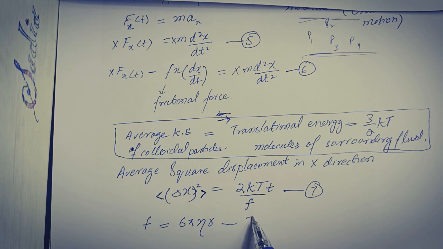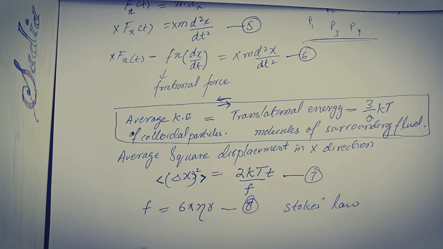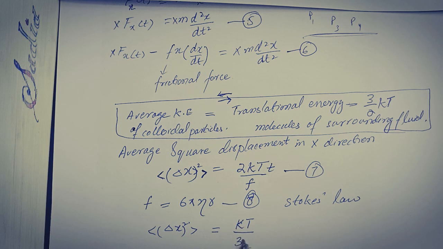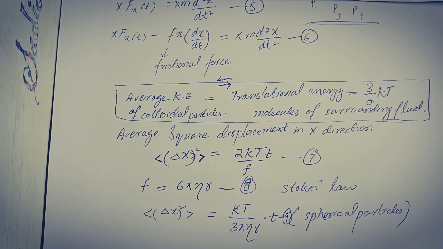So this equation is known as Stokes law, and by comparing equation number 7 and 8, we can write the average square displacement in x direction is actually equal to kT over 3 pi eta r into t, which is applicable for the spherical particles. We get equation number 9.